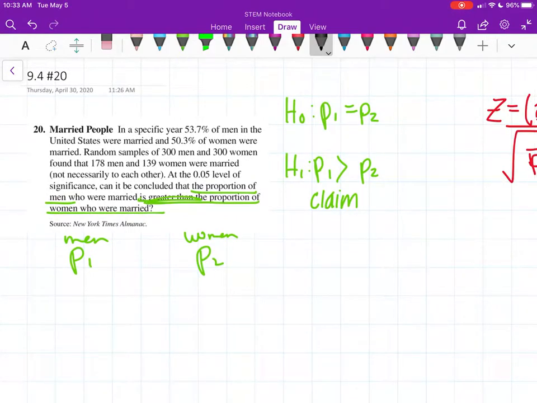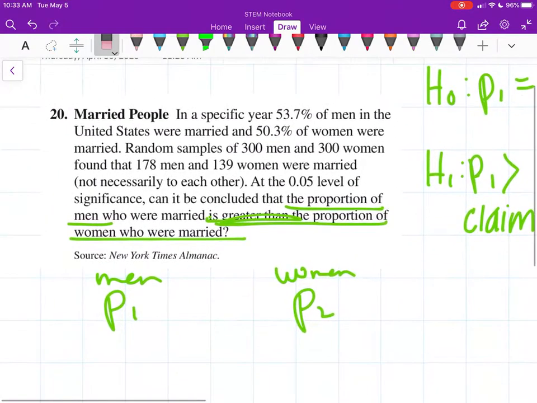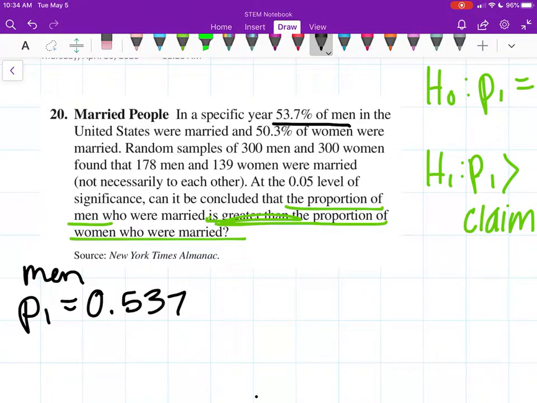Now let's draw a distribution. Or let's compute our information first. Let's figure out what we're given. P1: they're saying in a specific year, 53.7% of men, so 53.7% as a decimal is 0.537. And then 50.3% of women, so P2 is equal to 0.503.